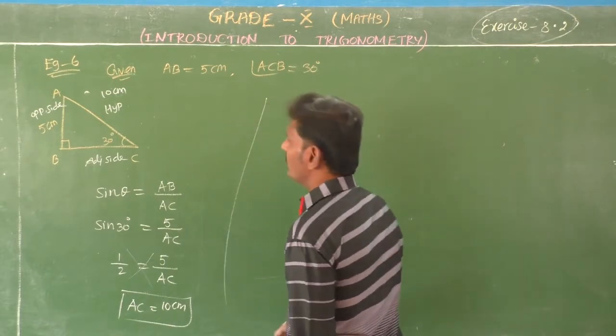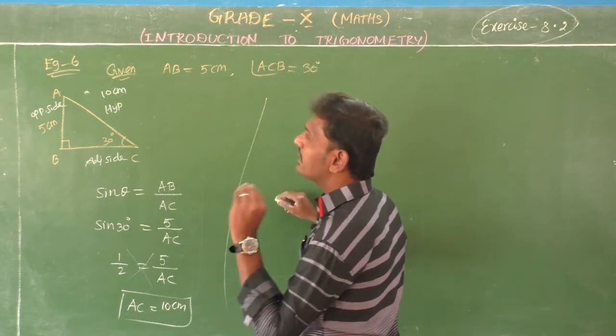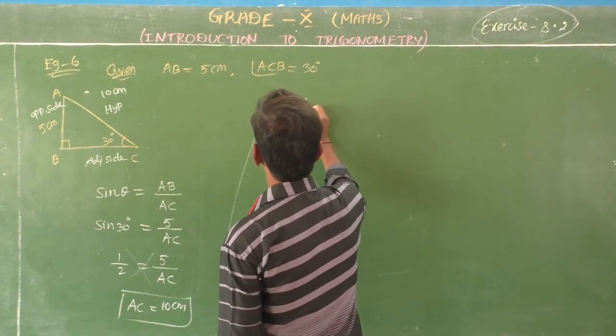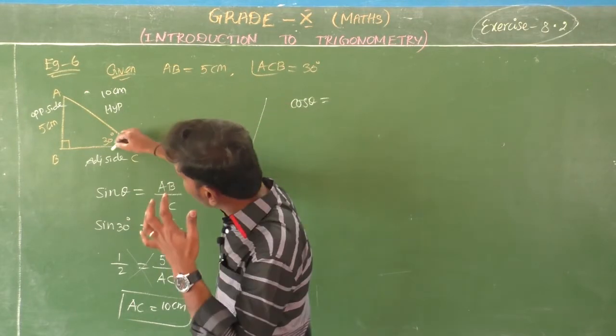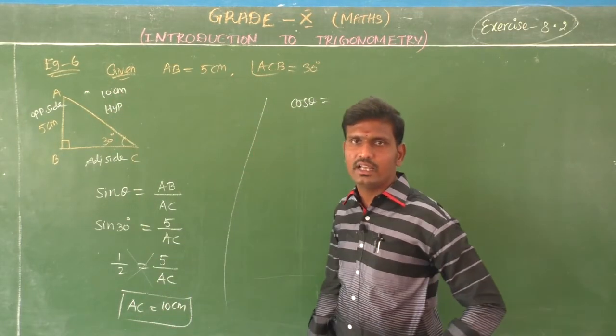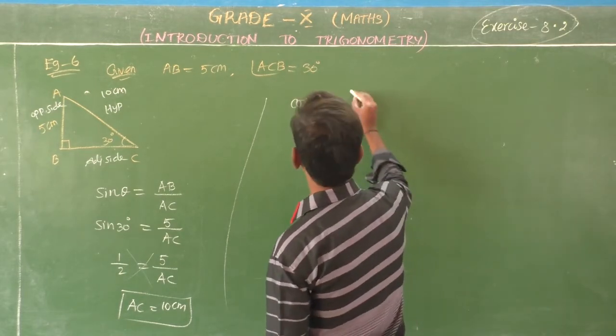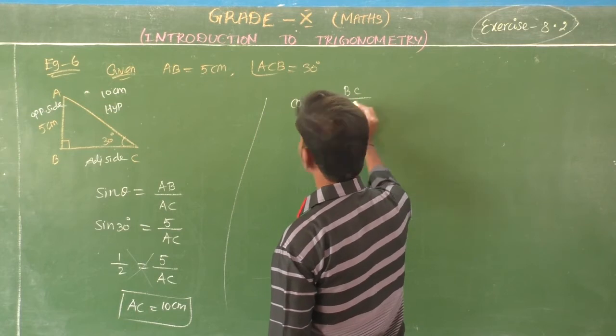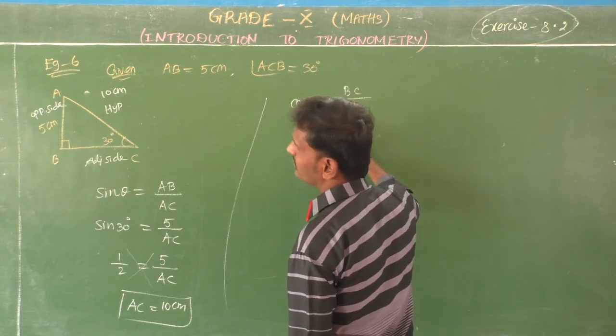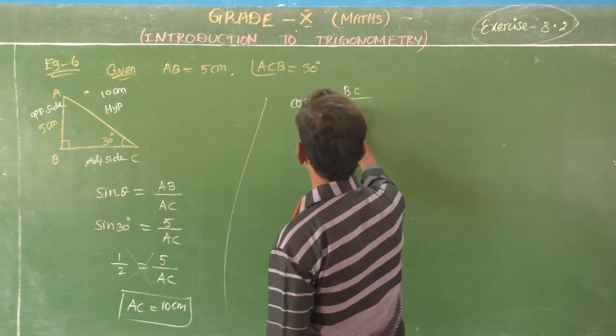And then next I am going to take cos theta. Okay, so cos theta is equal to adjacent side by hypotenuse, that is the ratio for cos theta, yes or no? Yes. So cos theta equal to BC, the whole divided by hypotenuse AC.